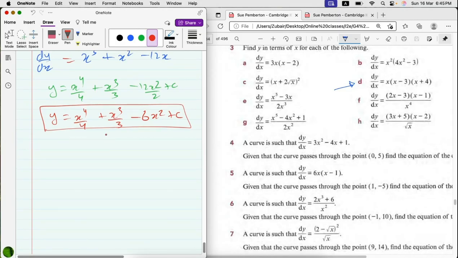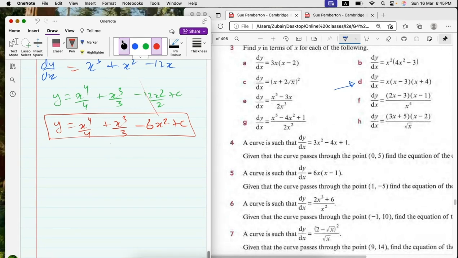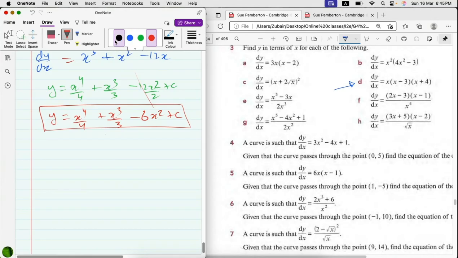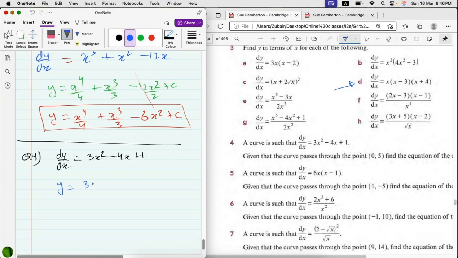Okay. Now question 4. We'll be finding C as well. dy by dx is equal to 3x square minus 4x plus 1. y is equal to 3x cube over 3 minus 4x square over 2 plus x plus c. I'll simplify before I use those values.